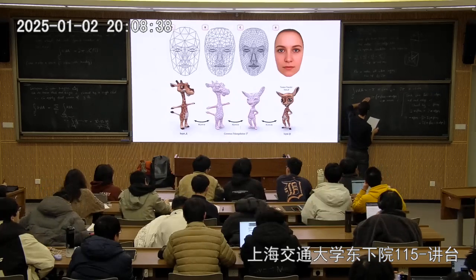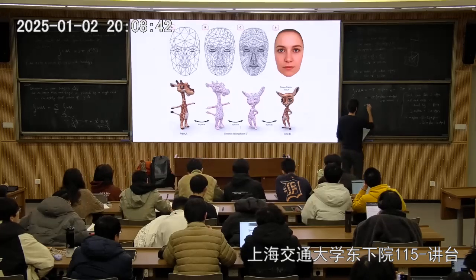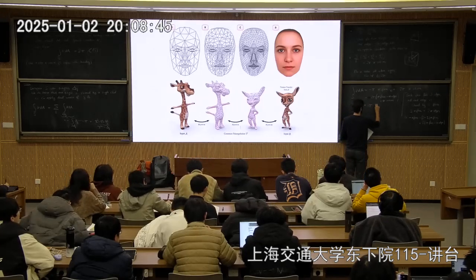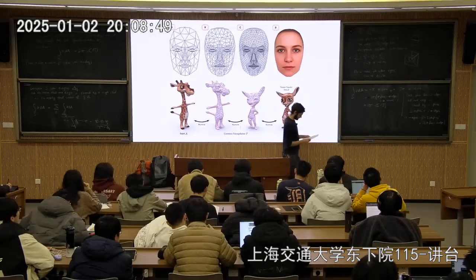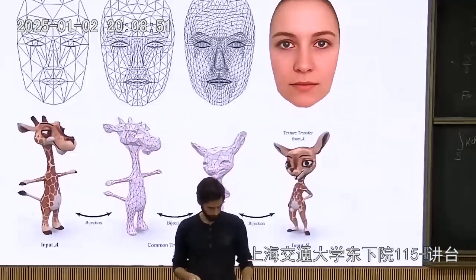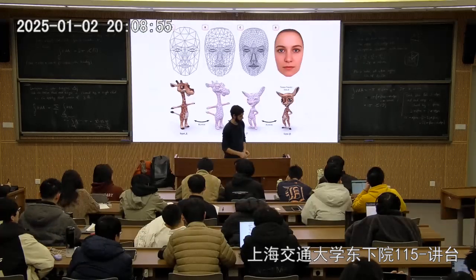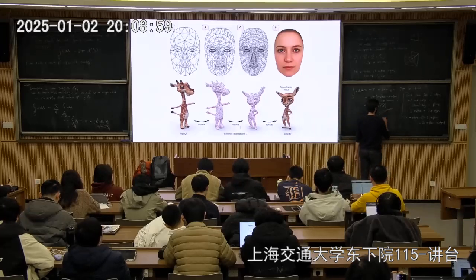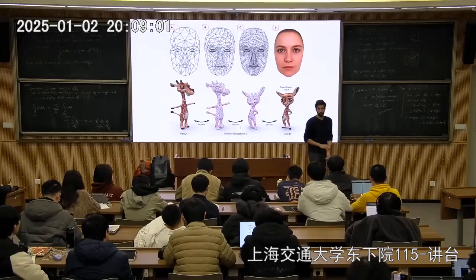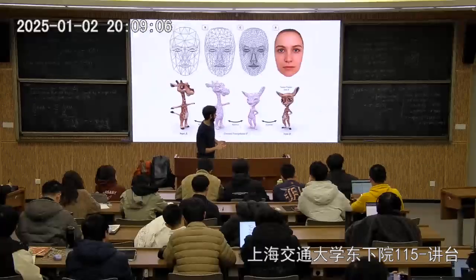Sorry, there's no minus sign there anymore. So we get our Euler characteristic. And that's the proof of the Gauss-Bonnet theorem.